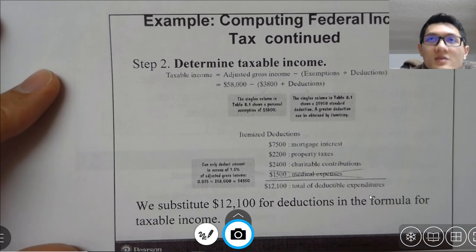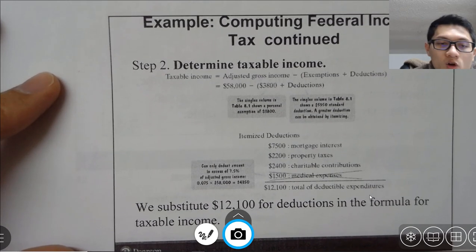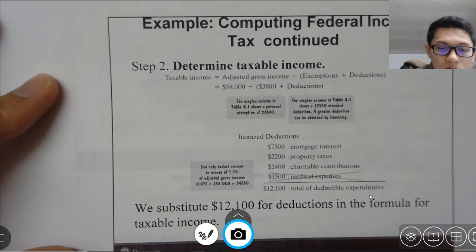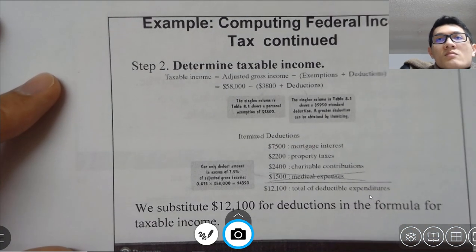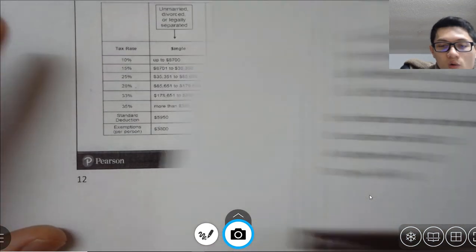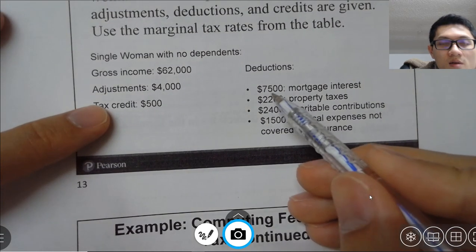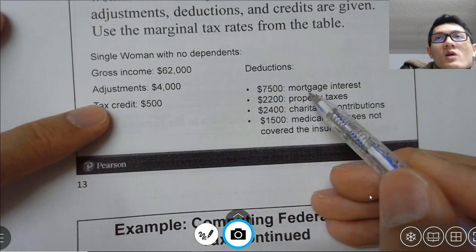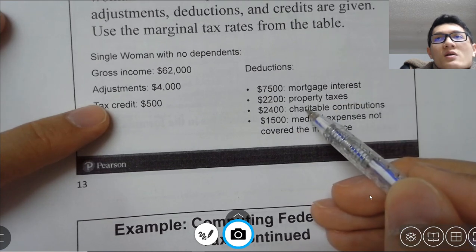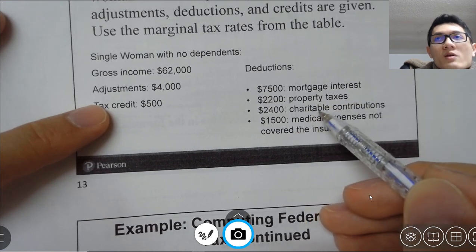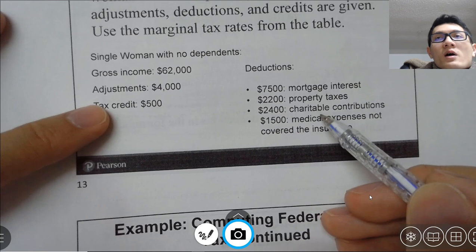Now, we need to go back to her problem. Itemized deductions. Okay, so she has 7,500 for the mortgage interest, property tax, her charity, and medical expenses not covered by the insurance.